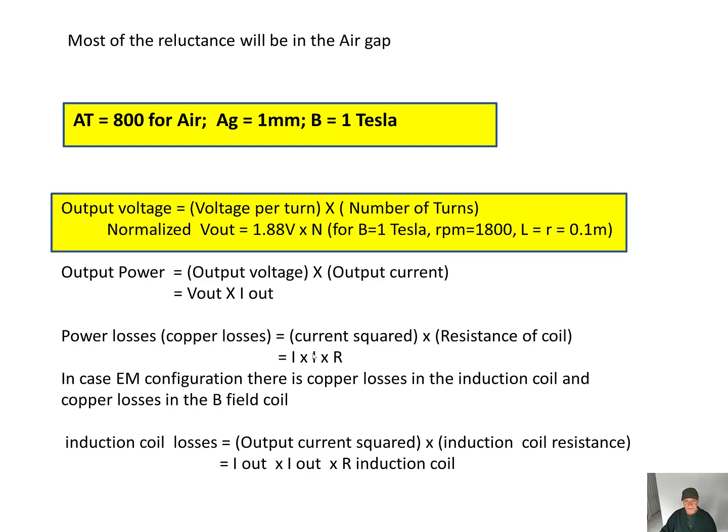Power losses is I squared R, the total resistance of the coil times the current squared. In case of electromagnetic configuration, there are copper losses in the induction coil and copper losses in the B field coil. Induction coil losses are output current squared times induction coil resistance, I out squared times R induction coil.